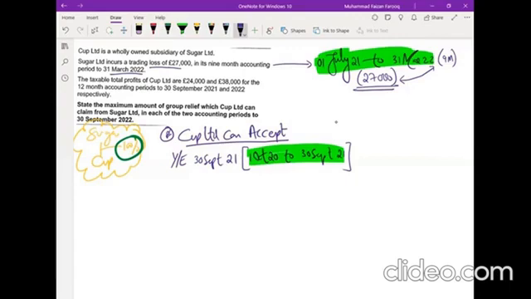Now tell me, from July till March, how many months fall in between here? Just match this with this. July 21, yes. July, August, September. How many months are matching over here? 3 months. Now, very carefully, what we are going to do.